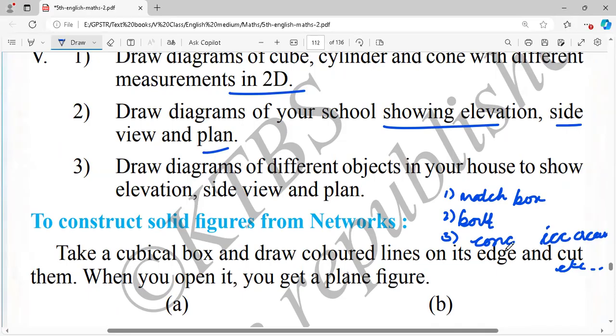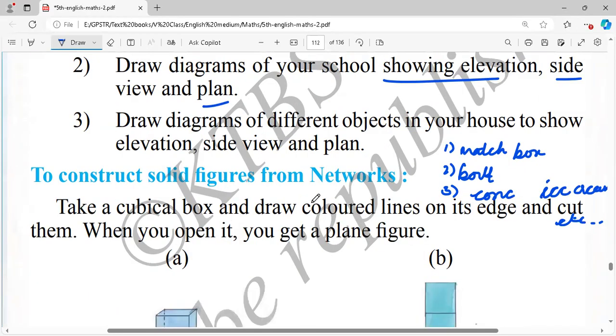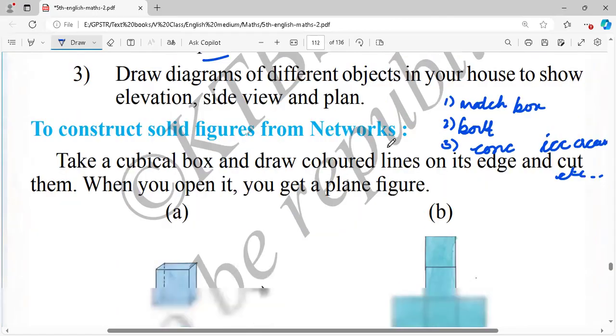Draw these. To construct solid figures from a network. This completes your exercise 9.1.